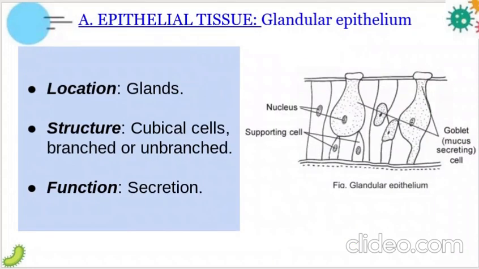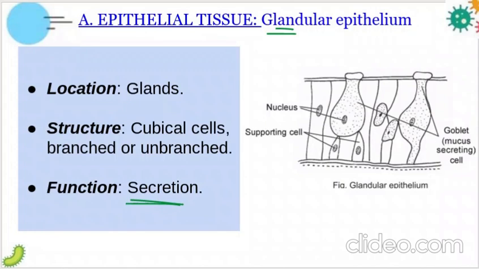The next type of epithelial tissue is glandular. Glandular, as the name says, relates to glands. It is a modified epithelial tissue specialized in secretion. The main function is to do secretions only.